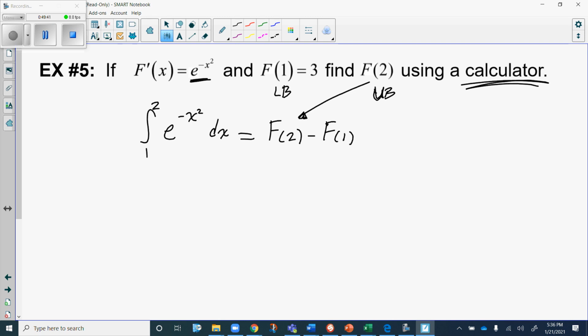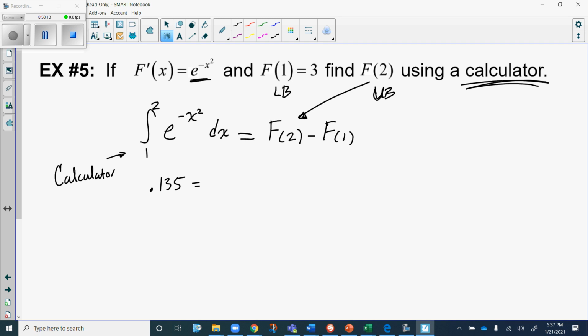All right. So the part here on the left, this is where we need our calculator. And if you're not sure how to do the definite integral on the calculator, you may need to look it up or come ask for help, something like that. But the definite integral in this case will work out to be about 0.135.